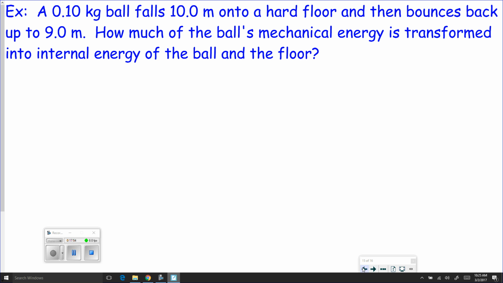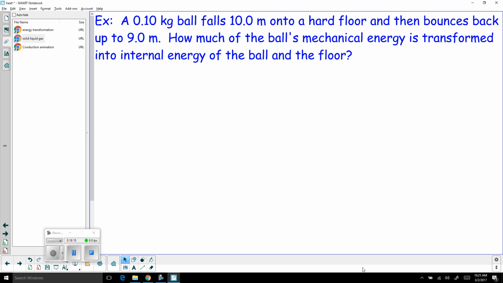Here is an example problem using that equation. A 0.10 kilogram ball falls 10 meters onto a hard floor and then bounces back up to 9 meters. How much of the ball's mechanical energy is transformed into internal energy of the ball and the floor? I'm going to draw a diagram of this scenario.